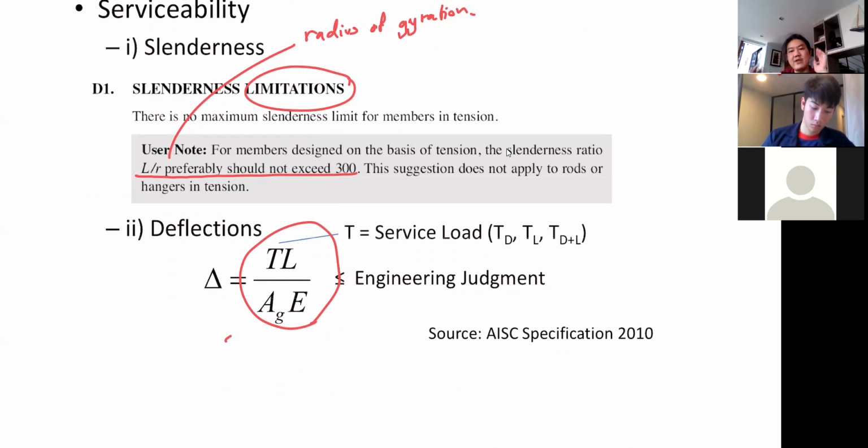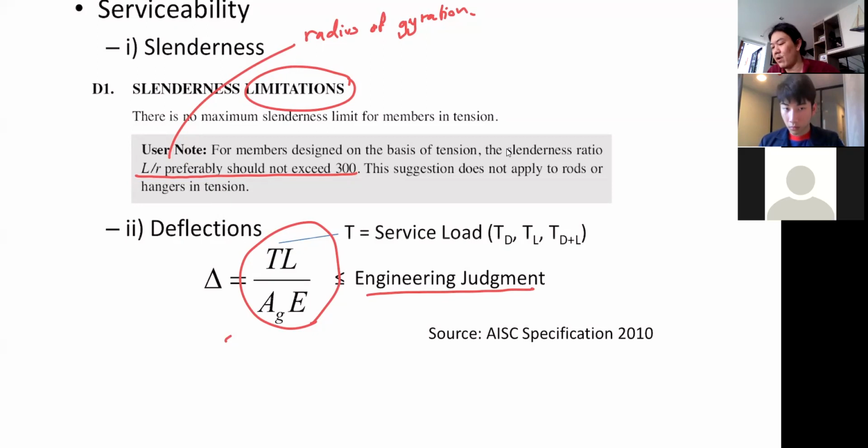And the number that you should limit your member to, most of the time, depends on the judgment. It depends on the requirement of your specific project. Okay, there is no number, no law given on this. Maybe you know that, okay, we don't want our member to have deflection more than, say, 1 centimeter. So that becomes your limitation.